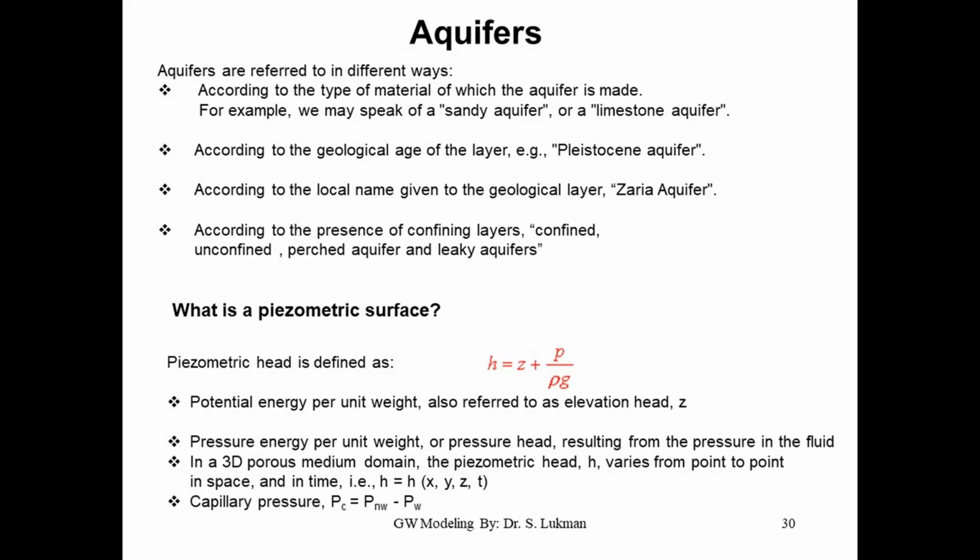Except that the change is more pronounced in the unconfined aquifer than in the confined aquifer, okay? That is because of the impact on the water table, which is usually experienced by the unconfined aquifer. And we have explained that that is different from what we experience in the confined aquifer.